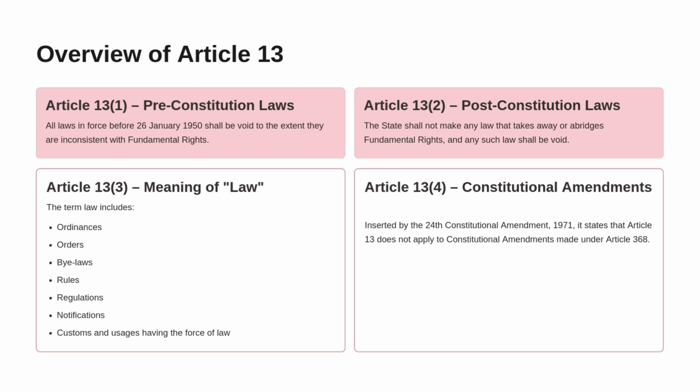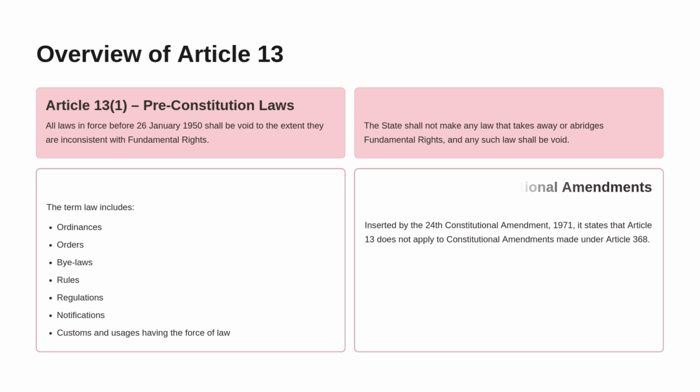So we can say again that the amendments that are made under Article 368 do not come under the definition of law as per Article 13 clause 4, but any amendments made also cannot destroy the basic structure of the Indian Constitution. So now you can relate Article 13 clause 2, which says that any law made in the post-constitutional era cannot destroy the fundamental rights. You can relate now these 2 points and study.